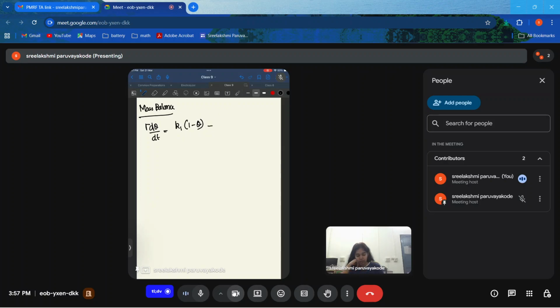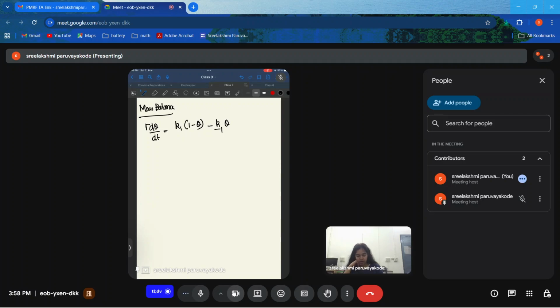And in the backward step, you will see that MHO plus is getting consumed. Now the second step is neither consumed nor formed, so we don't consider that step. It's a catalytic step. It is actually catalyzing the reaction without being consumed in the reaction. So, this is the step.